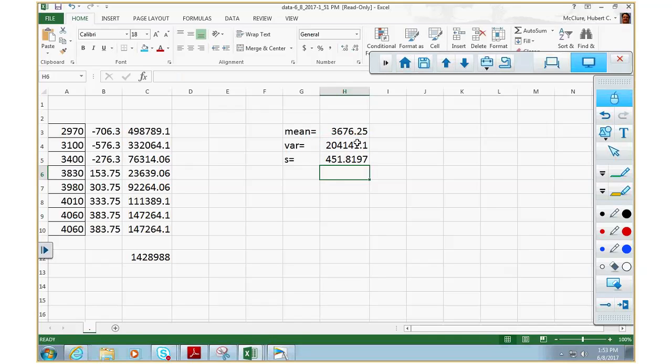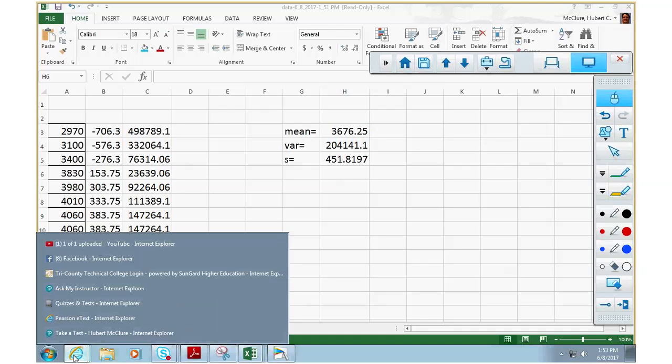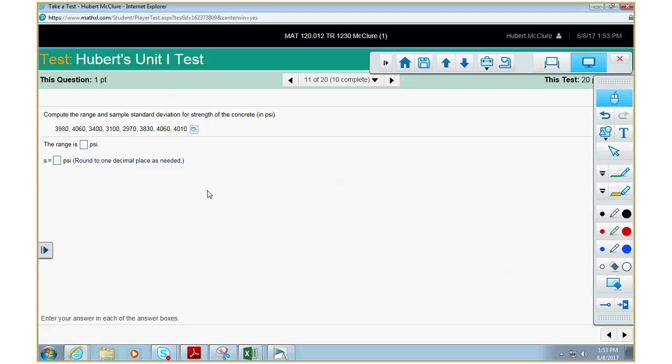I don't know how long that took, but it's 451.82. Let me check. I'll put it in. 451.82. Oh, the range. They did ask for it. I didn't know they'd ask for the range. I only saw that S. So somebody tell me what the range is.